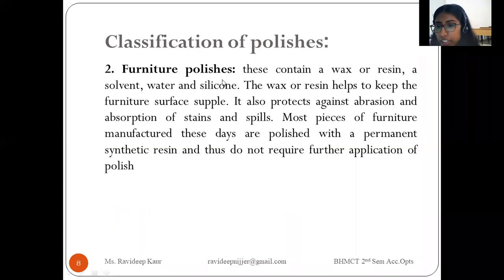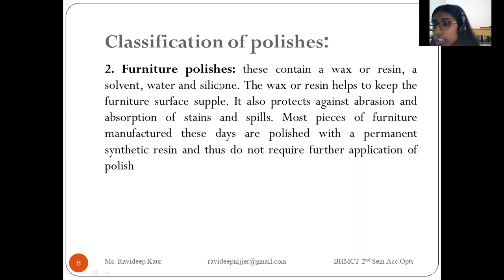Next, we have furniture polishes. These contain a wax or a resin, a solvent, water, and silicone. These are all the materials which help in making the furniture polish.